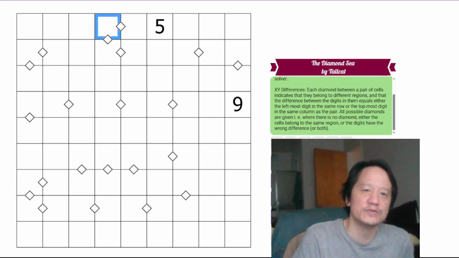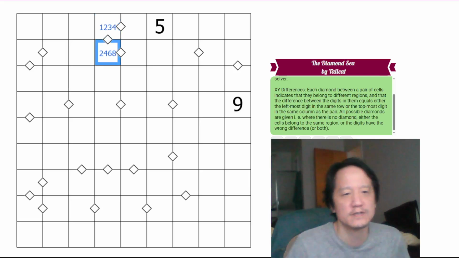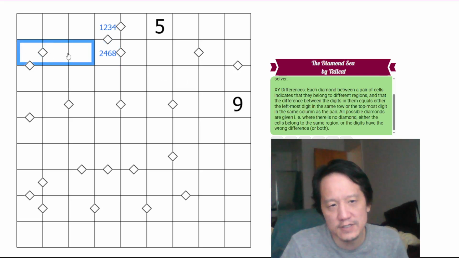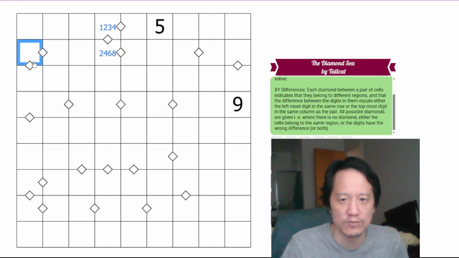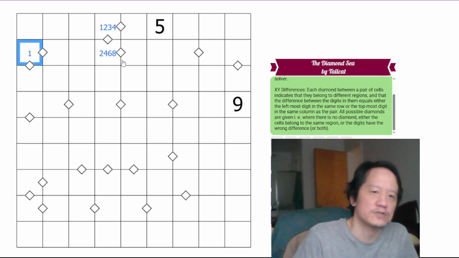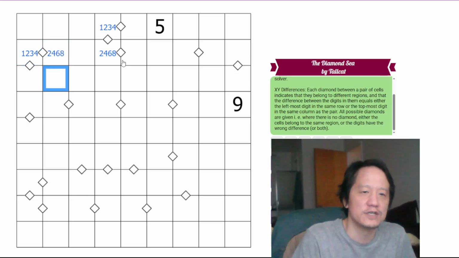So this is 1 through 4, and this must be 2, 4, 6, or 8. Same with this. This is the same problem, right? The difference between these two digits is the leftmost digit in the row. So this must be essentially double of this. So this is 1 through 4. This is 2, 4, 6, 8.